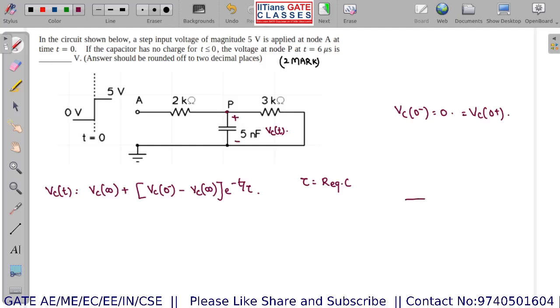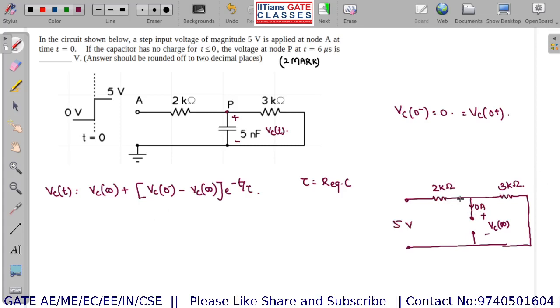So let us draw the equivalent circuit diagram. It will look something like this. This is your VC infinite, this is 2 kilo ohm and this is 3 kilo ohm. Now let us see what VC infinite will be. This is very simple, because this 2 kilo ohm and 3 kilo ohm are in series, as 0 ampere is flowing since the capacitor is open circuited.